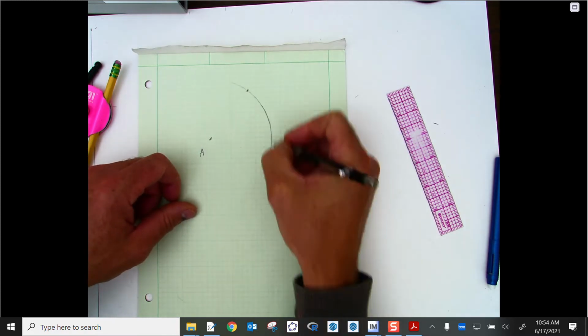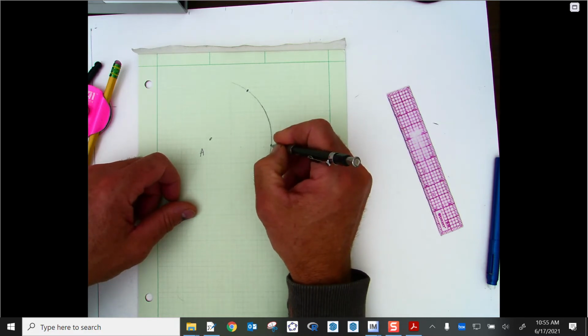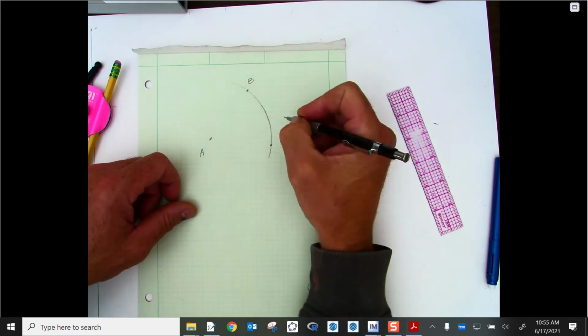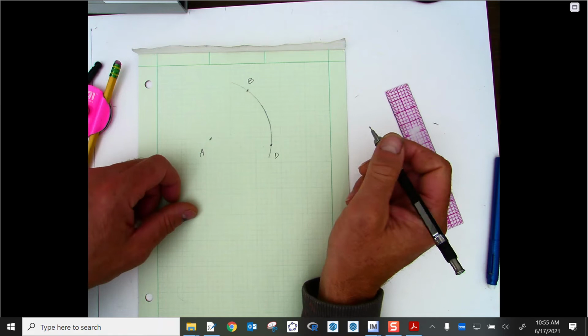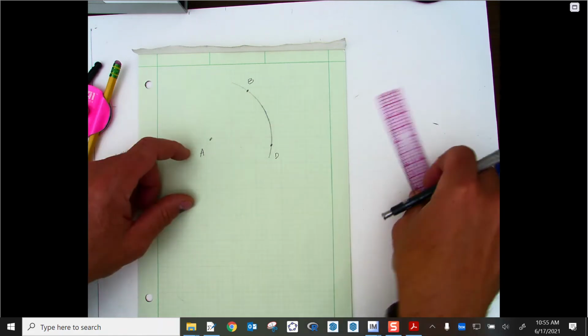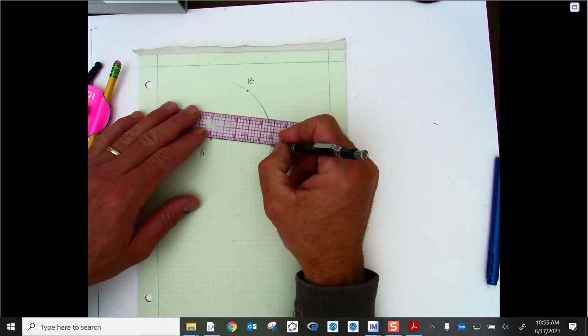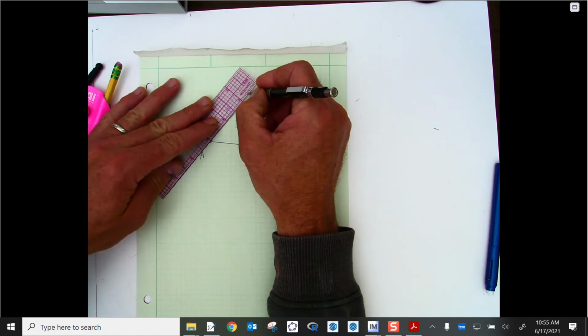Let's say this one, I'll call this one B. The point I'm after out here is C, so I'll call this one D. But I can see that B and D are both equidistant from A. In other words, they're two potential sides of a rhombus. So there you go. There's one side, and here's another.